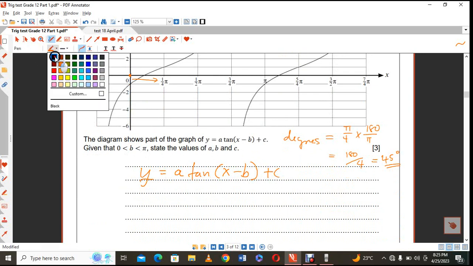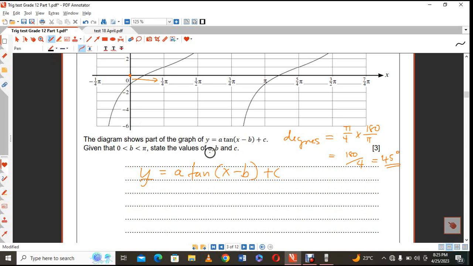So the value of this whole business here, this one here, is indicating the horizontal translation. The whole graph has shifted to the right, and it has shifted to the right by what?